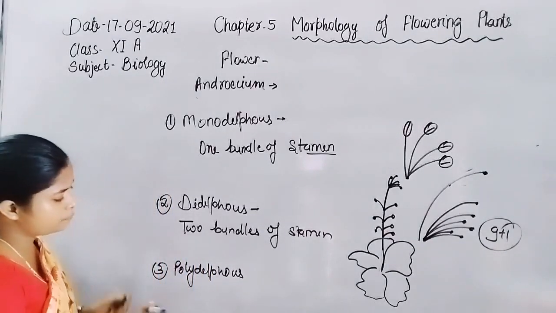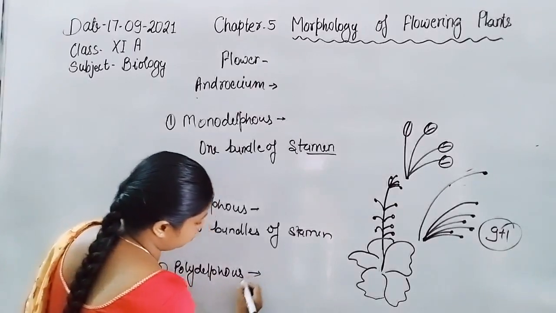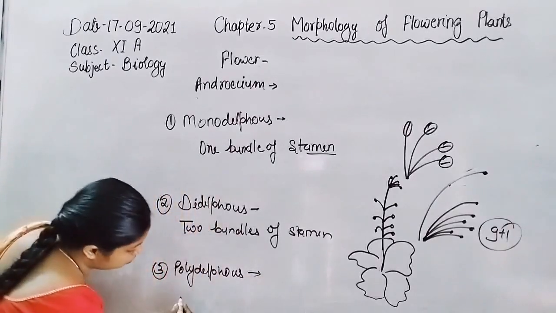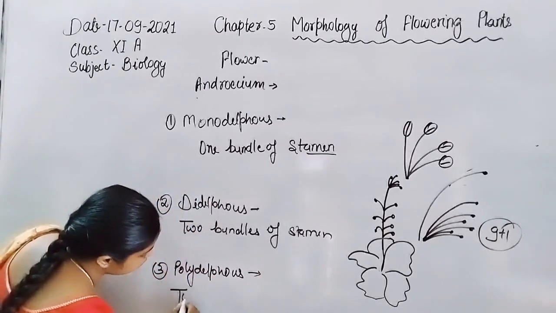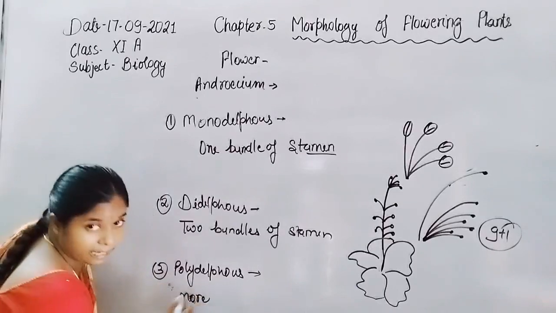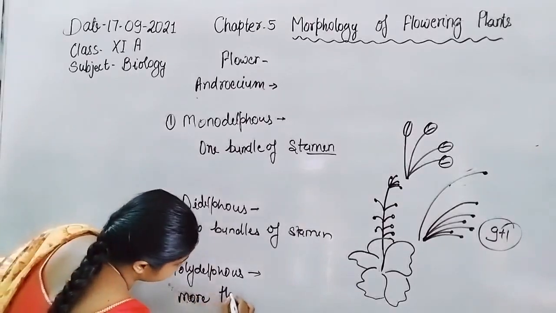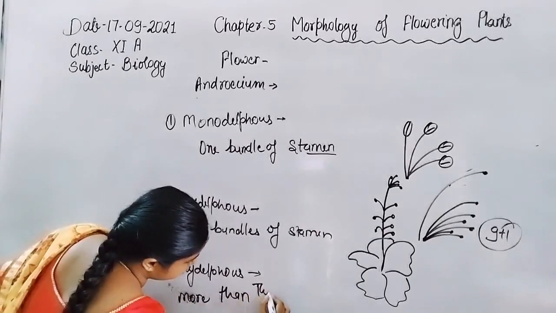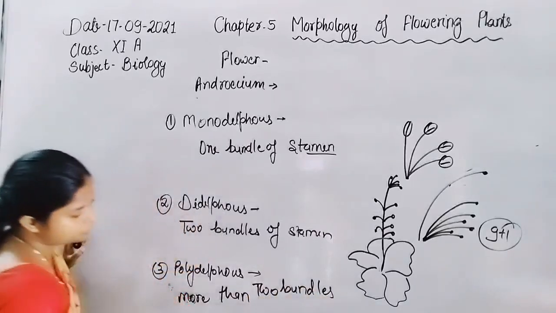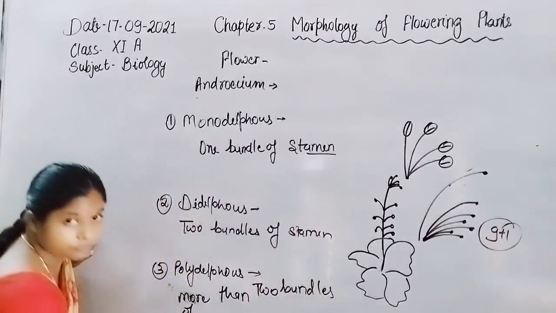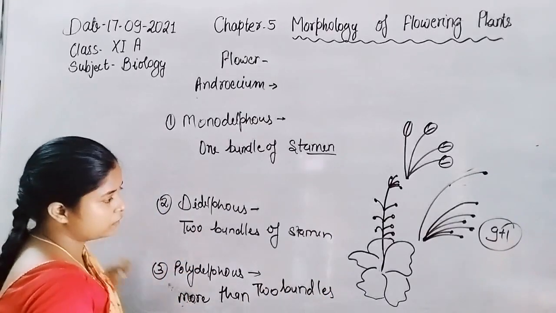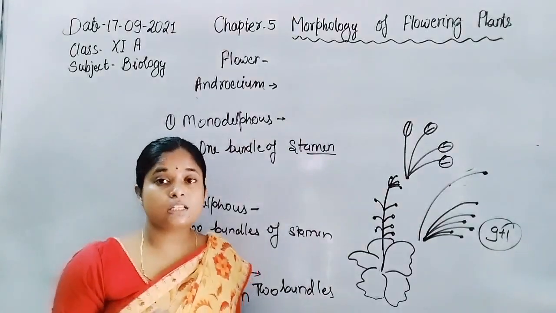Now second is polydelphous. In polydelphous, there are more than two bundles of stamens.